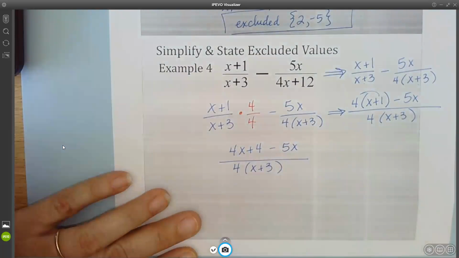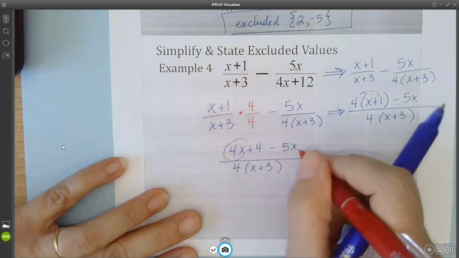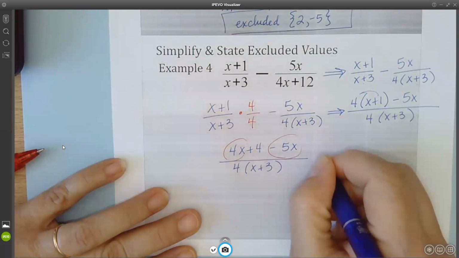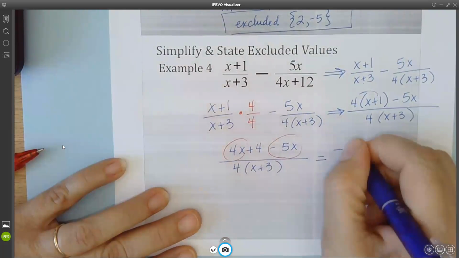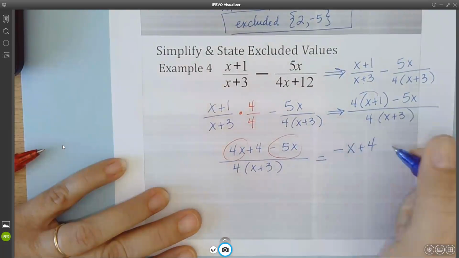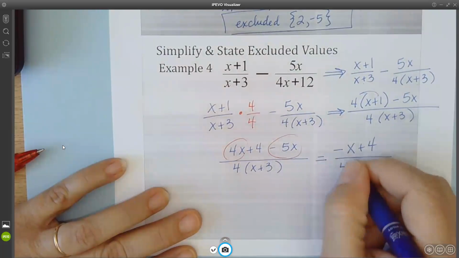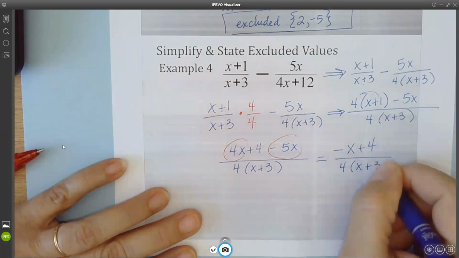And when I combine my like terms here, 4 minus 5x is negative x plus 4, or 4 minus x, whichever way, over 4 times x plus 3.